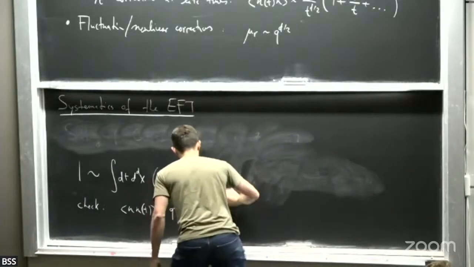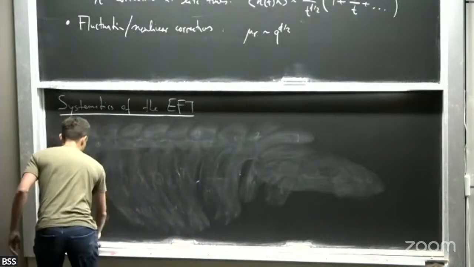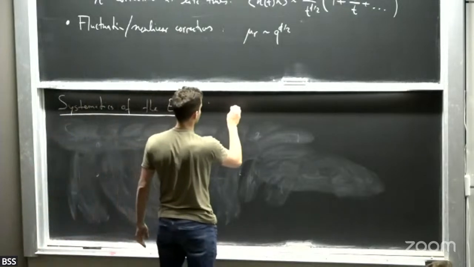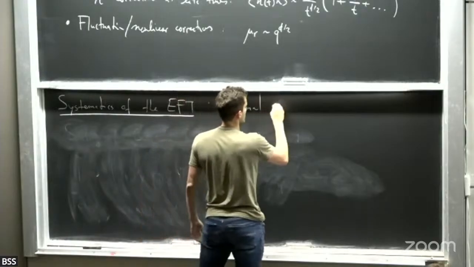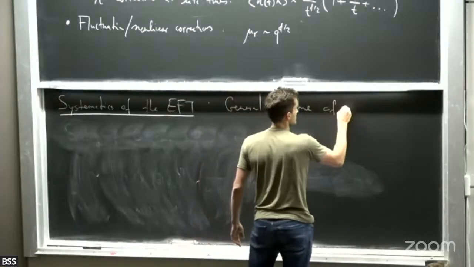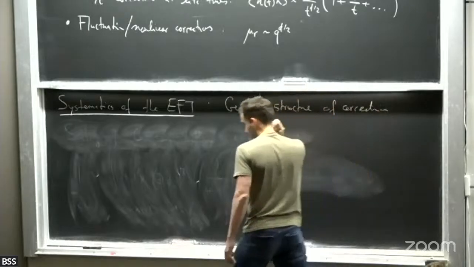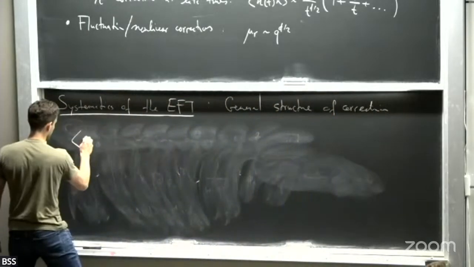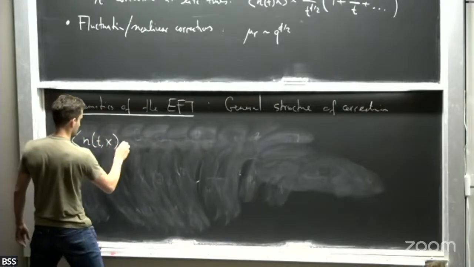Okay, so with all this, we now can find the general structure of corrections to transport at late times or low frequency. Let me illustrate it with still this density two-point function, time and space.